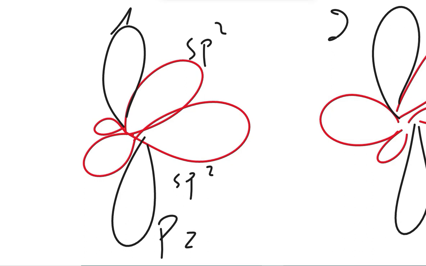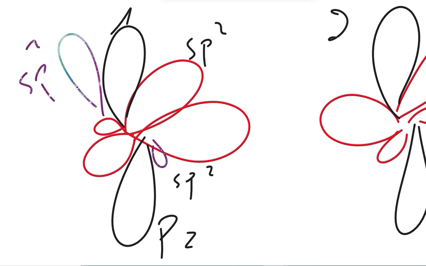But we said originally we had one s and two p from each of the carbon. Now we have three sp2. So the third sp2 will also be here. So now we need a third sp2 around each carbon.